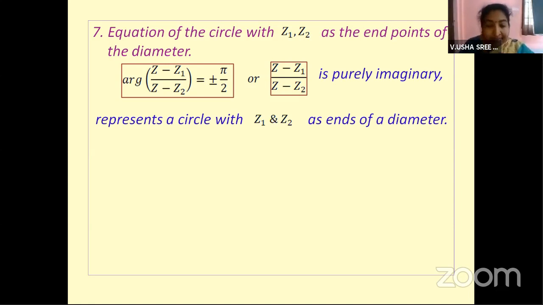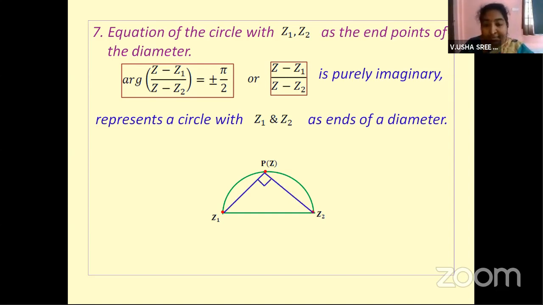Now we will see the diagrammatic representation of this, children. We will take the 2 points Z1 and Z2 as ends of the diameter, and you take any point on the circle, we will call it P. Then you just join Z1 to P and Z2 to P. If you observe carefully, this is the angle we are taking in the semicircle.